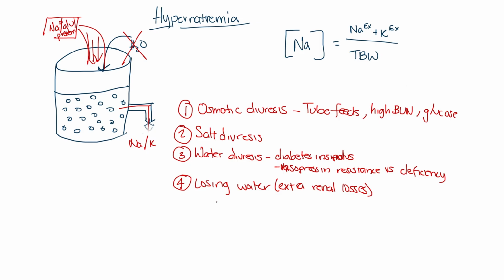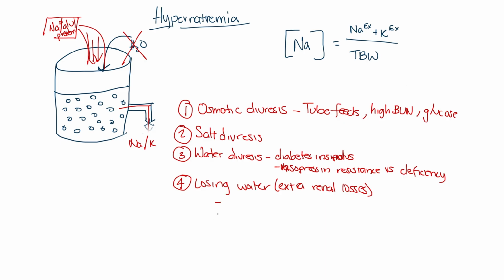For example, every single day we lose sweat, we poop, we urinate, and there's going to be some water losses through all of that. Particularly when we're sick, we have increased metabolic activity. This increased metabolic activity is going to lead to increased losses of fluid compared to usual. A burn patient might be another patient who has their skin not intact, and so they're losing a lot more water than a normal person would. And then they're not getting enough water back in return.